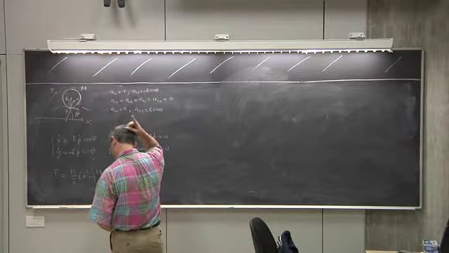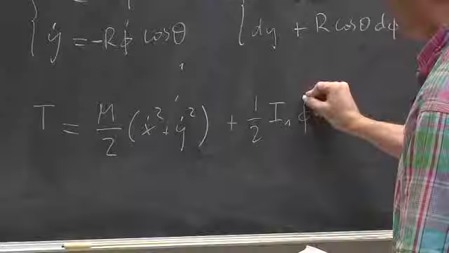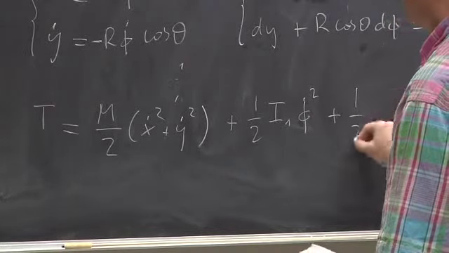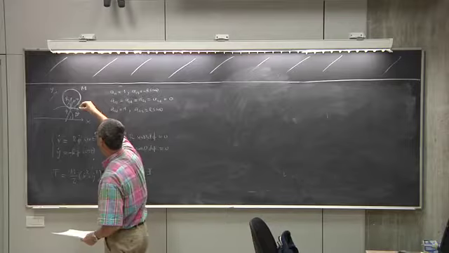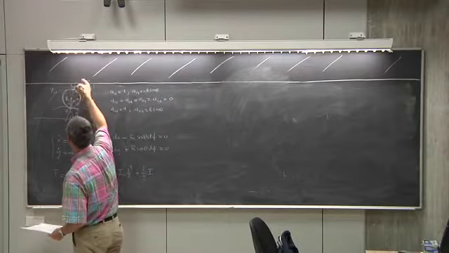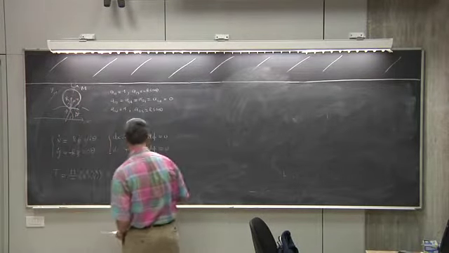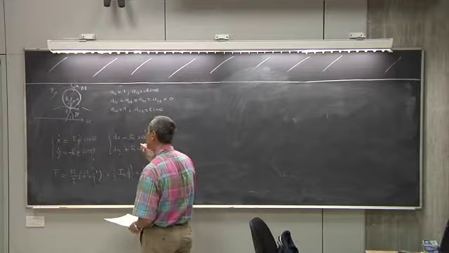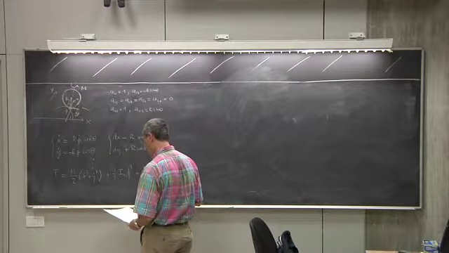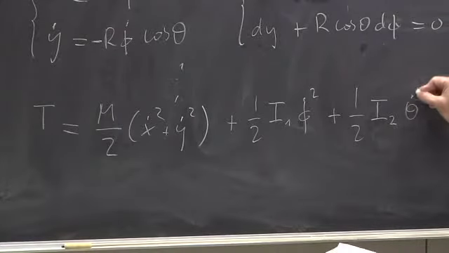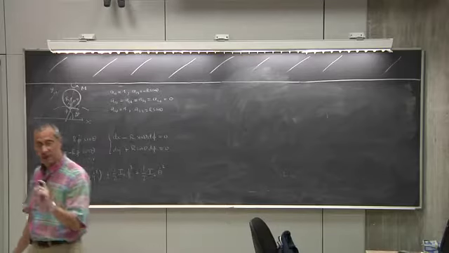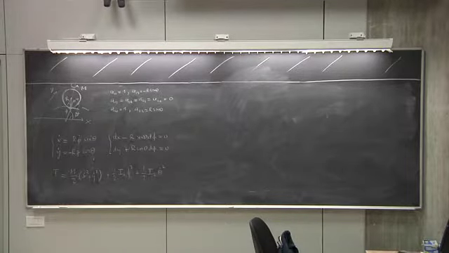And so here I put phi dot squared plus the kinetic energy in the other direction, if it moves in this way, that I call I2. And this is proportional to theta dot squared, the angular velocity in the other direction. So this is the kinetic energy, very simple.